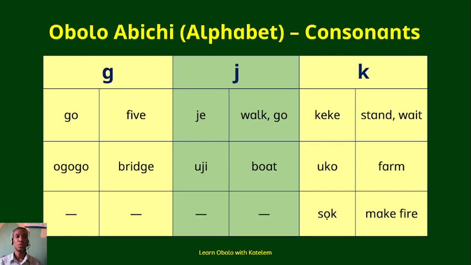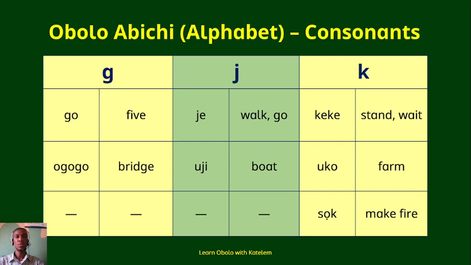And the next is G, as in go, which is five. Note that this letter has only one sound. One distinguishing feature, one thing that makes Obolo language very easy to learn, to read and write, is that each letter has only one sound. It is very rare for you to see a letter that has two sounds or more in Obolo.